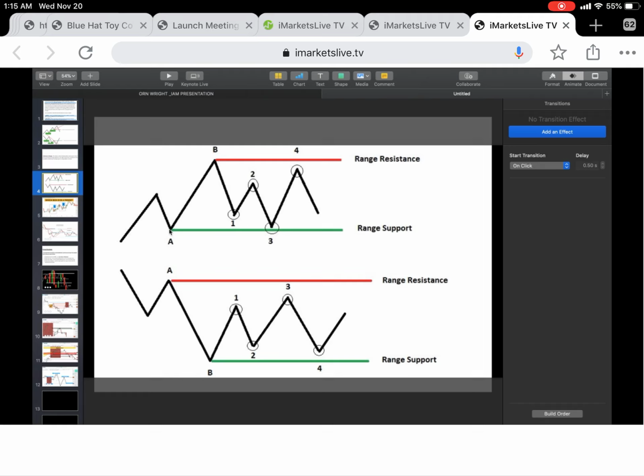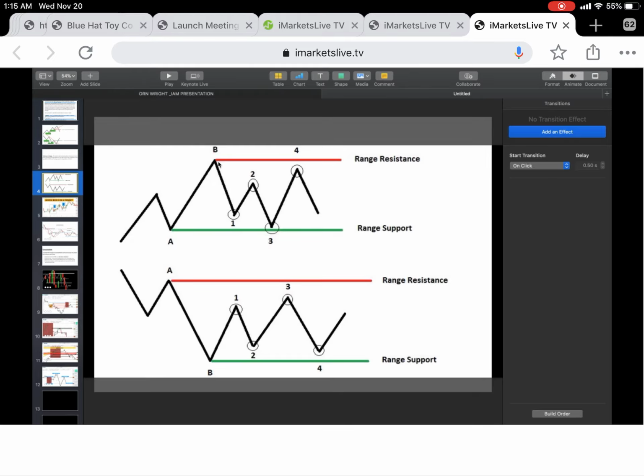Notice how the market goes from A to B to make a new high. So now we know that A is my support and B is my resistance. Well, right here was my support and this was my resistance also. Support and resistance. But we broke out of it.